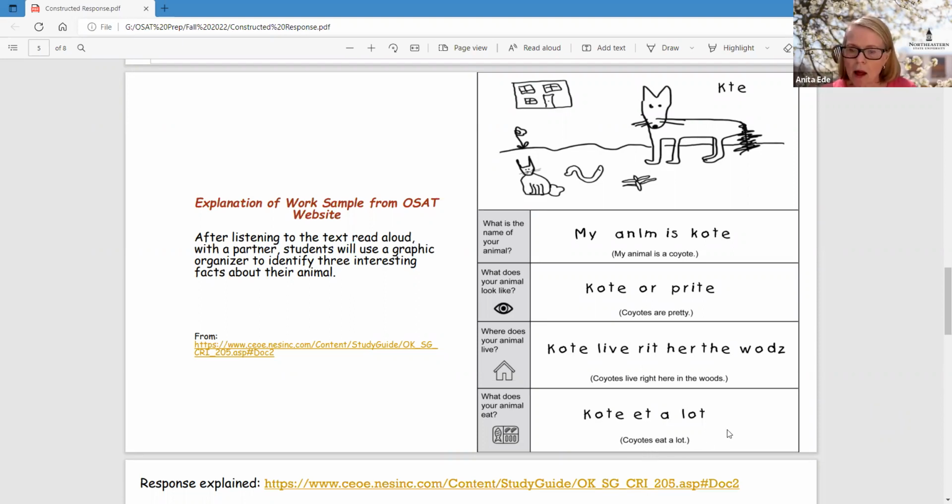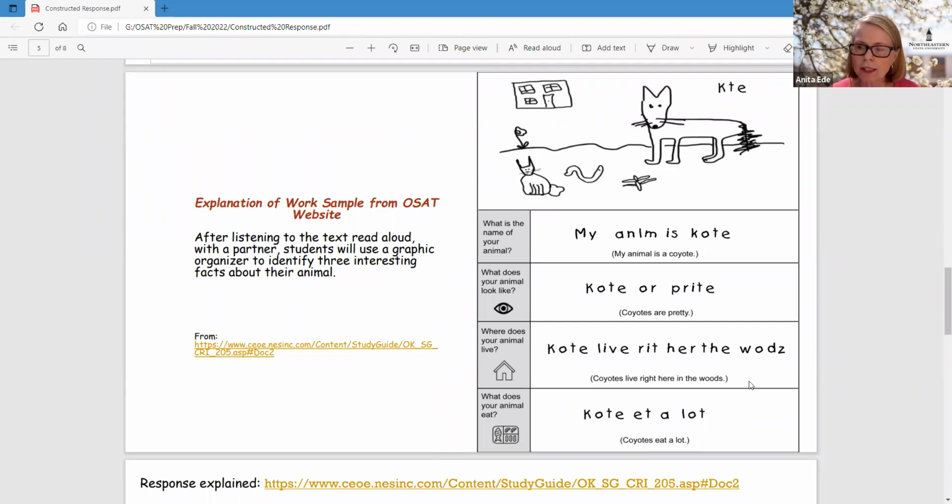Coyotes eat a lot does not give us any facts about what coyotes really eat. And coyotes live right here in the woods has some specific information, but my guess is the reading material was more specific than that.